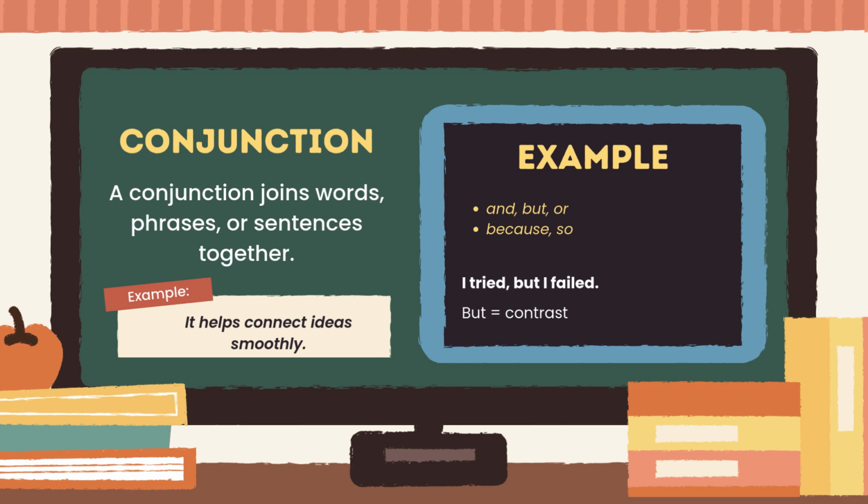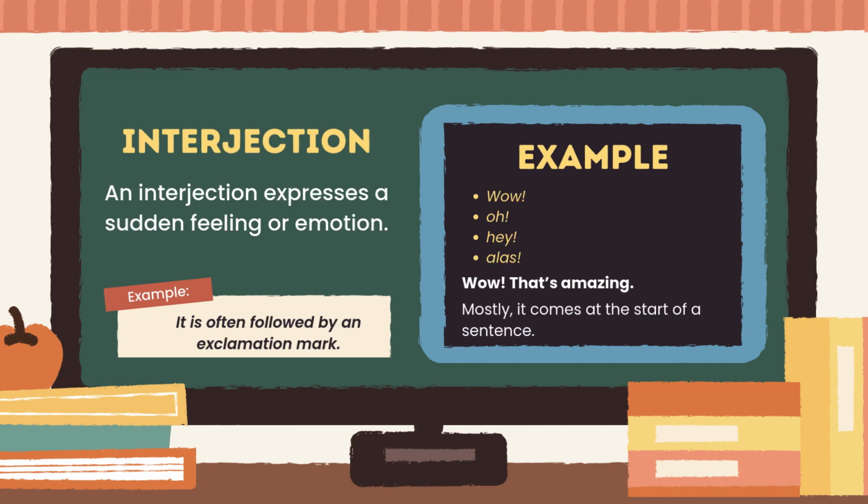Then comes the eighth part of the parts of speech, that is interjections. An interjection expresses a sudden feeling or emotion. यानी कि फीलिंग या इमोशन दिखाने वाले शब्द, जैसे कि वाव, ओह, हे, अलास. Wow, that's amazing.